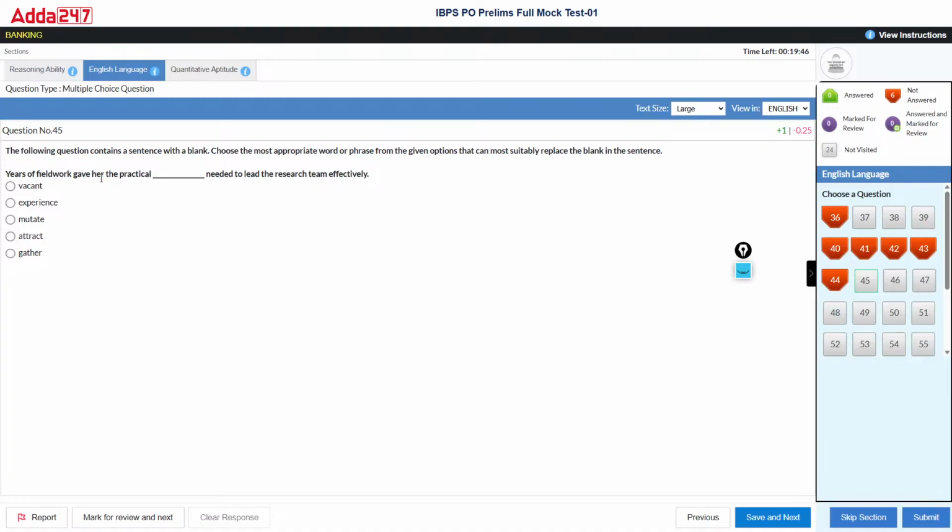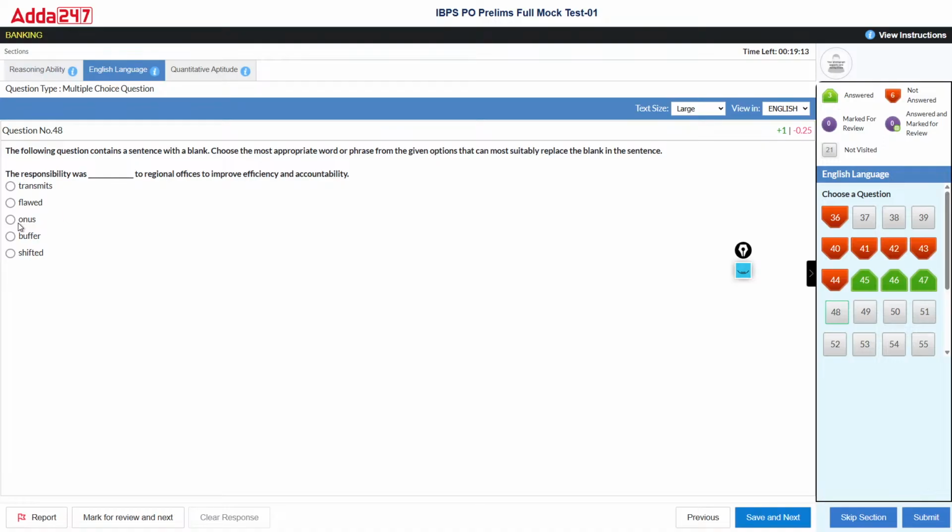Years of fieldwork gave her the practical experience needed. The sudden dash of funding forced the organization to suspend several ongoing projects. Sudden crunch, withdrawal. The old neighborhood gradually transformed as modern housing replaced traditional homes. The responsibility was dashed to regional offices to improve efficiency.